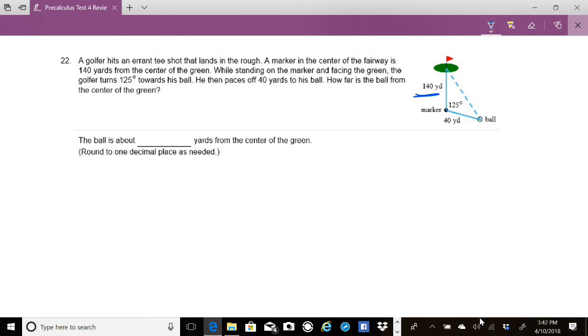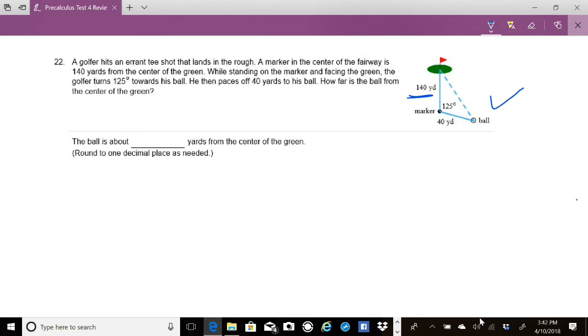And his ball lands here, and he wanted to go here. And as he looks towards his ball, he measures 125 degrees towards the ball. Then he paces 40 yards to the ball. How far is the ball from the center of the green?